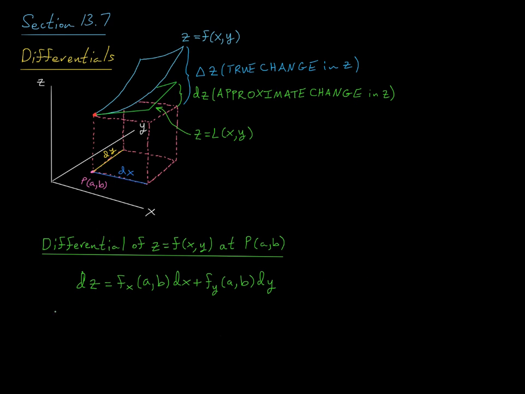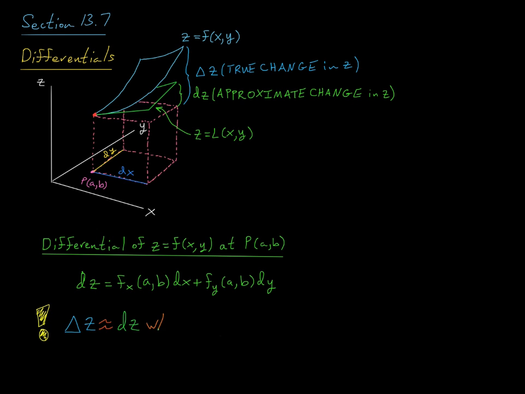So now what I'd like to note real quick, and then we'll look at problem 3 on the worksheet to illustrate how this computation will work. Okay, the big takeaway here is that our true change, our delta z, will be at least approximately equal to this differential change dz when what?